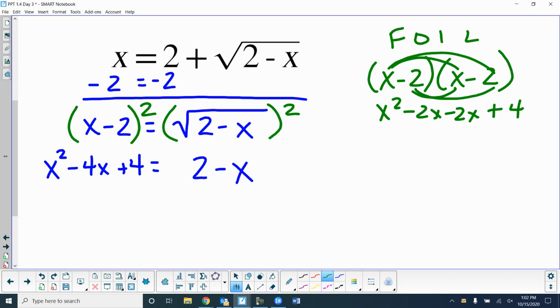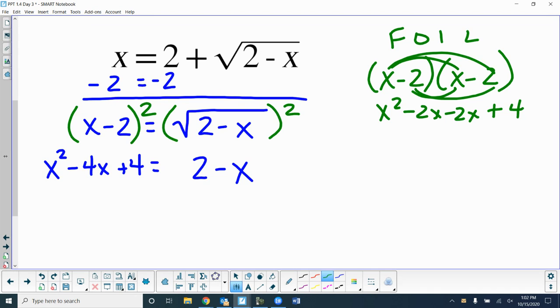No matter, this is negative 2, you still get positive 4. Negative 2 squared or positive 2 squared, you still get positive 4. Okay? So again, square the x, multiply those 2 together to get negative 2x, and then double that answer, negative 4x, and then square negative 2 to get positive 4. That's a quick shortcut instead of writing it out and FOILing.